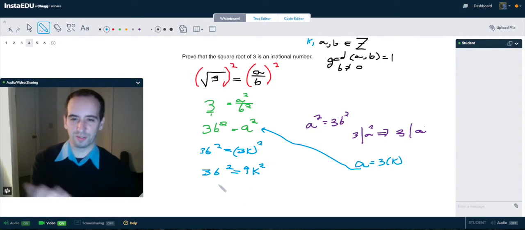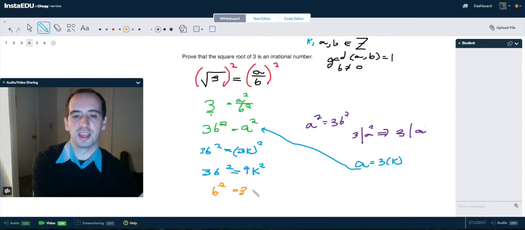Or, if we divide now by 3 on both sides, we get b squared equals 3k squared.